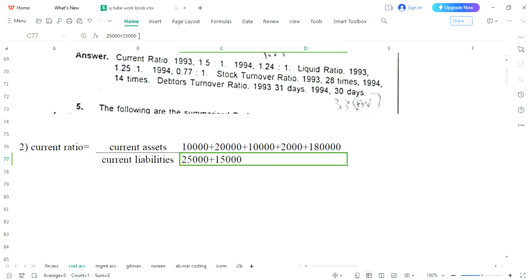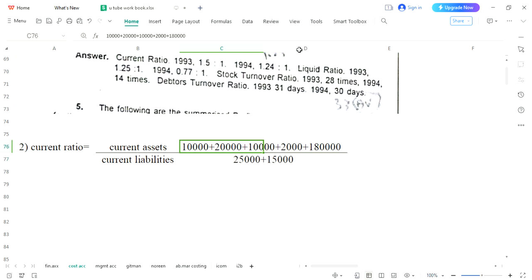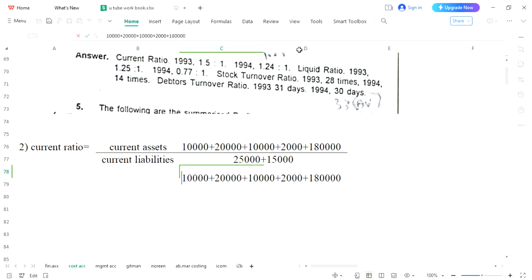So finally, we are going to put them on our calculator and let's see how much we will get. So for that purpose, I'm going to write everything same over here and let's put it on calculator. All current assets would be added.